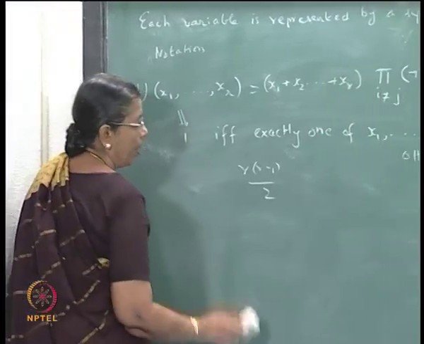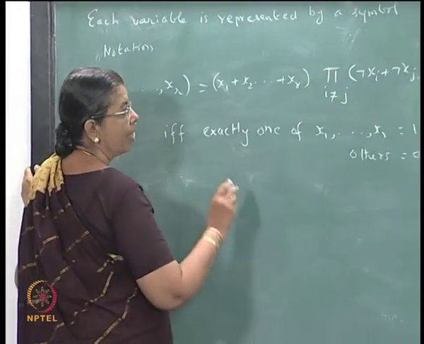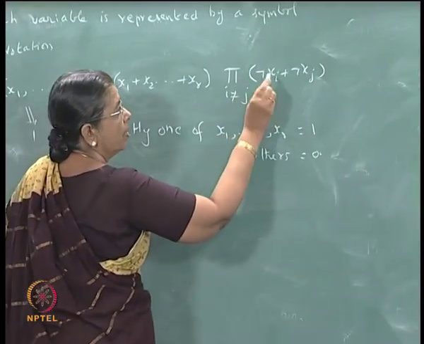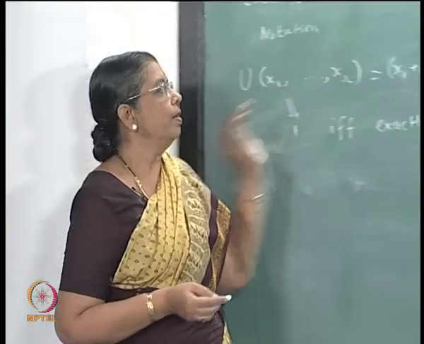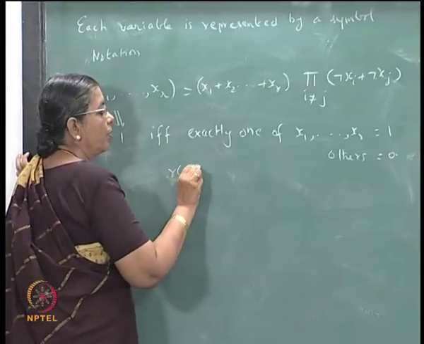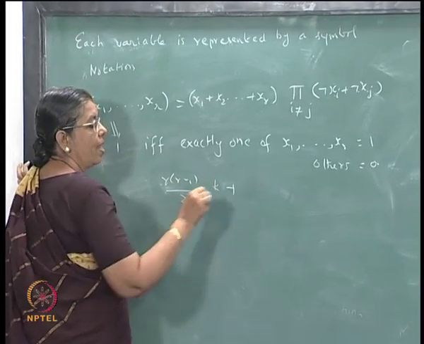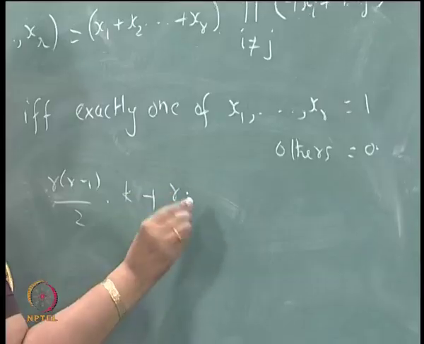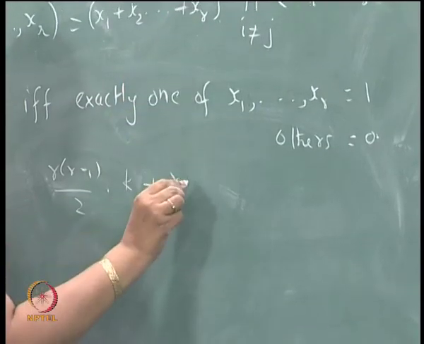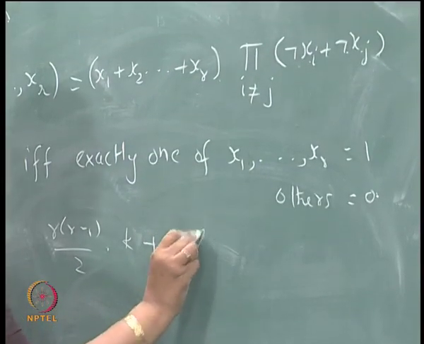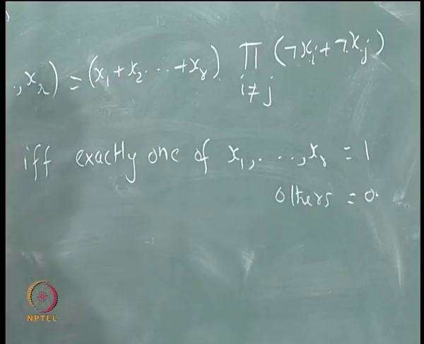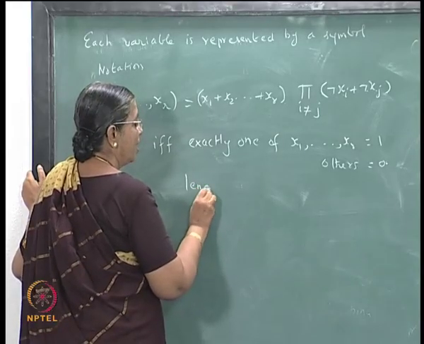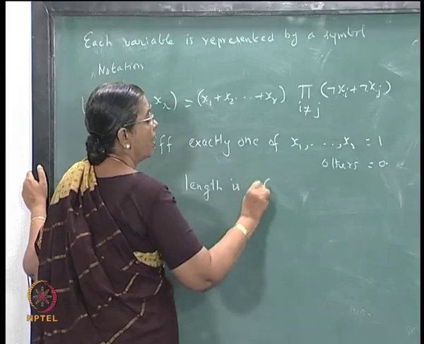Each factor takes some constant number of symbols, say 7. So it will be something like r into r minus 1 by 2 into some constant k, plus r, then some other constant L. Anyway, the length will be order r square. This is important.